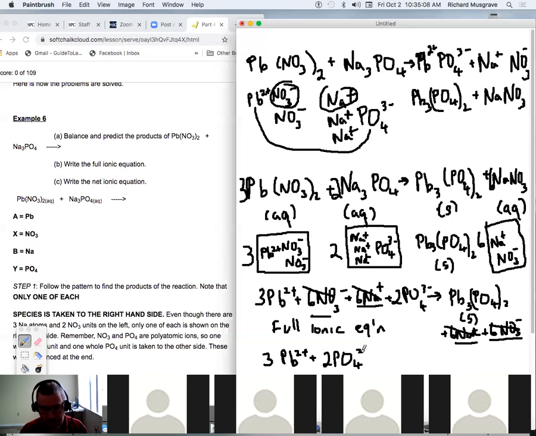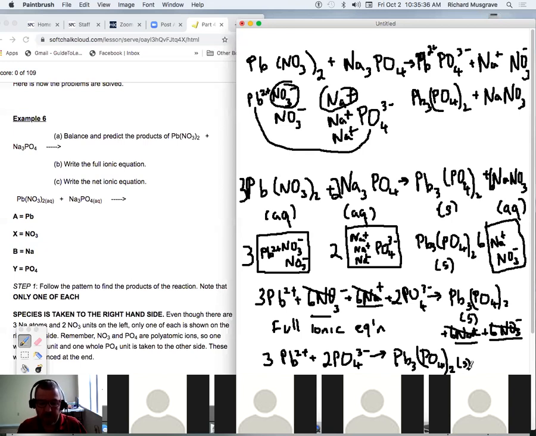And what you'll observe once we do this, to put it in real simple terms, is that we've simply shown what's forming the solid. Everything else that's soluble gets thrown out. Only the stuff that's forming the solid is what we're considering.